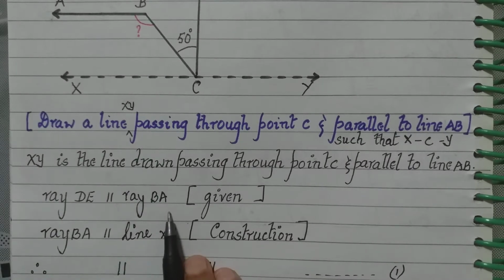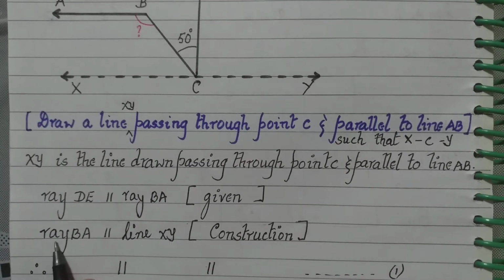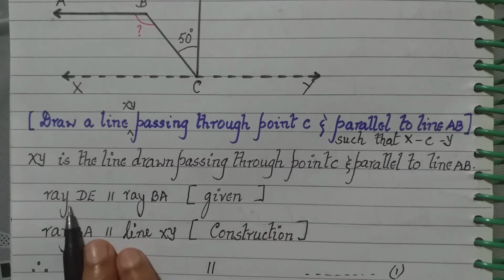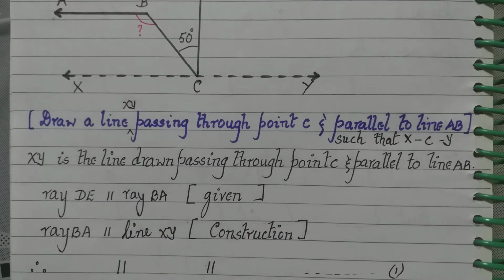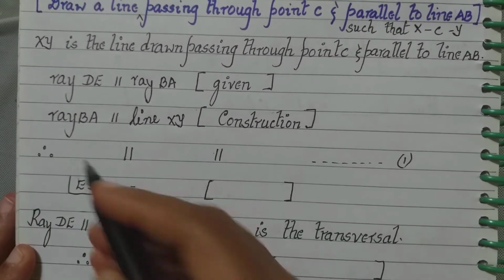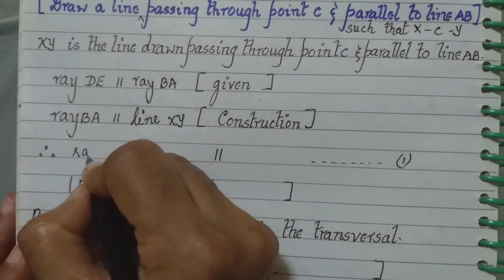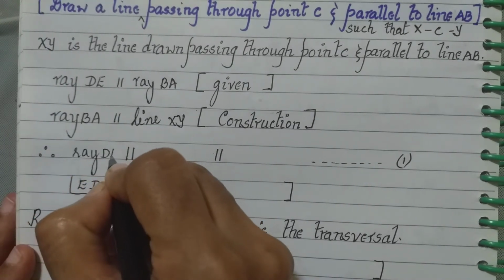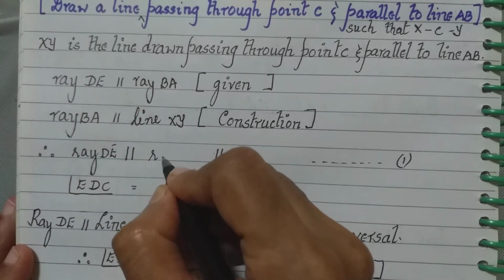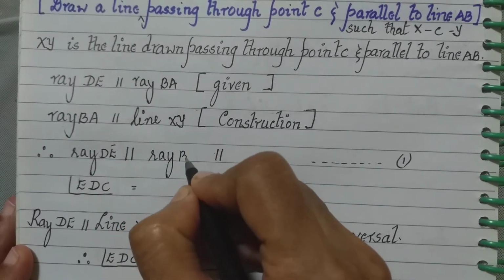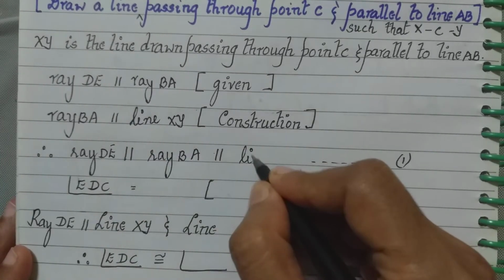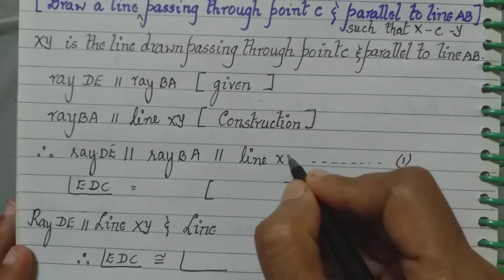So if ray DE is parallel to ray BA and ray BA is parallel to line XY, we can say that all these three are parallel to each other. That is ray DE parallel to ray BA parallel to line XY.